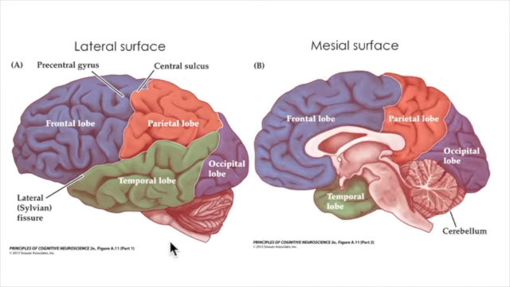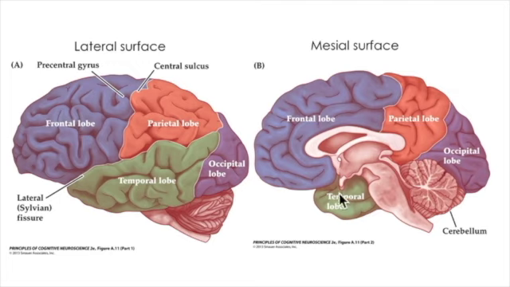And then in contrast, you could have a mesial surface of the brain. So that just means that you're viewing it from the middle. Mesial just means from the middle, lateral just means from the side. On the mesial surface, you can still see the temporal lobe, the frontal lobe, the parietal lobe and the occipital lobe, but you can see a little bit more of the occipital lobe, relatively speaking, and a little bit less of the temporal lobe.